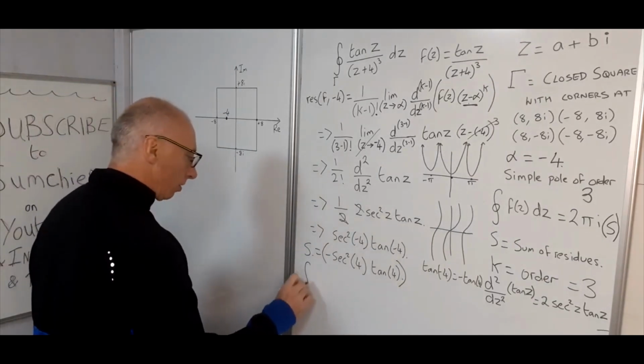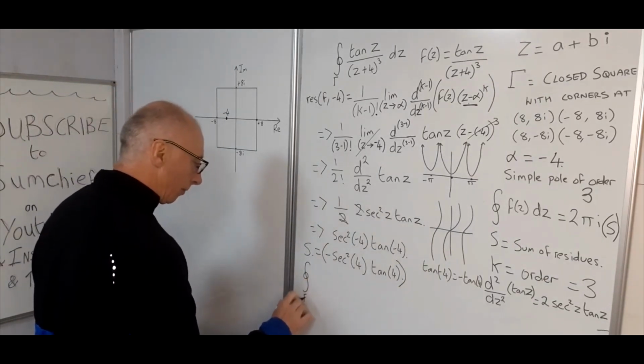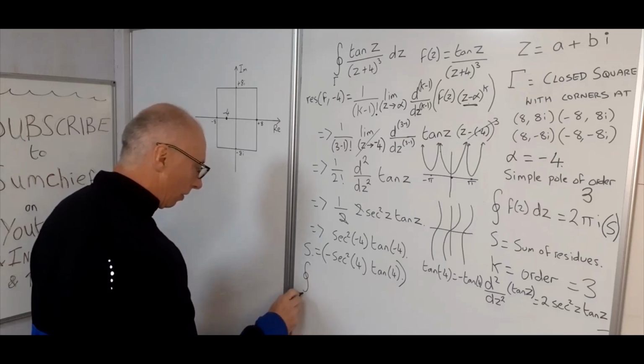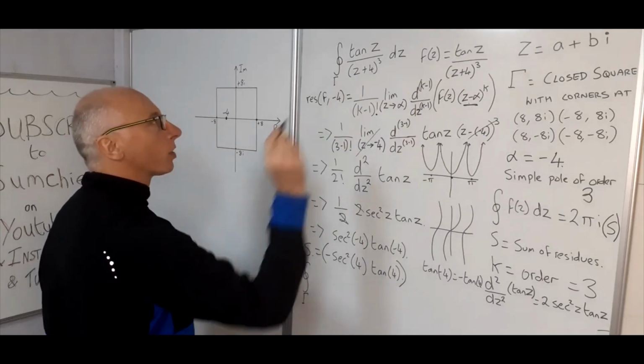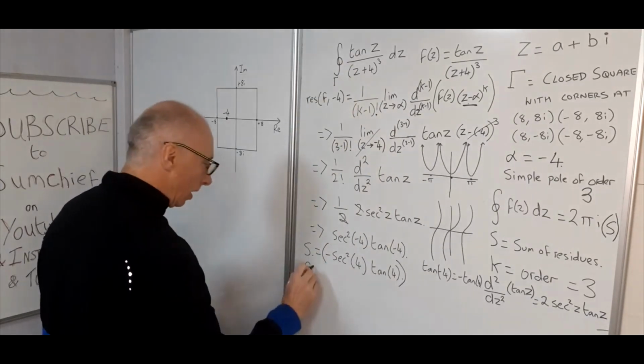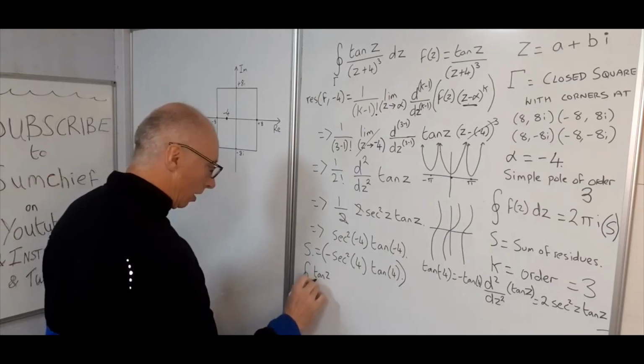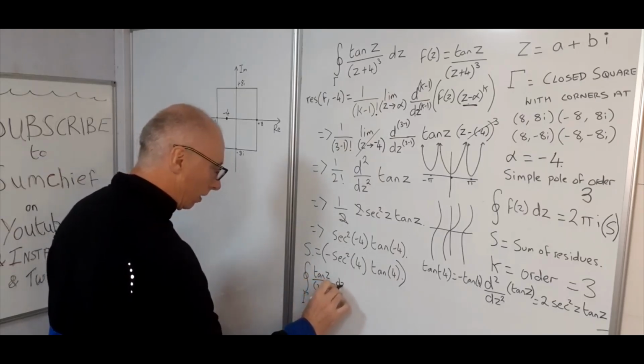We've got our integral over gamma of our function here, tangent z over z plus 4 cubed dz.